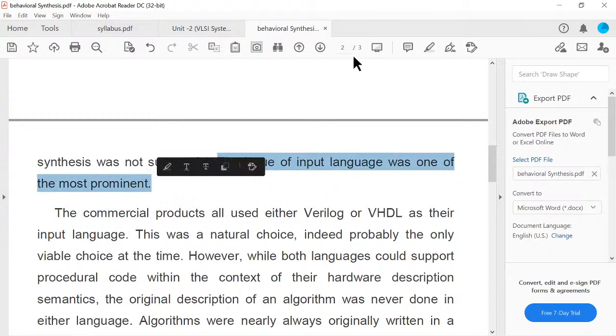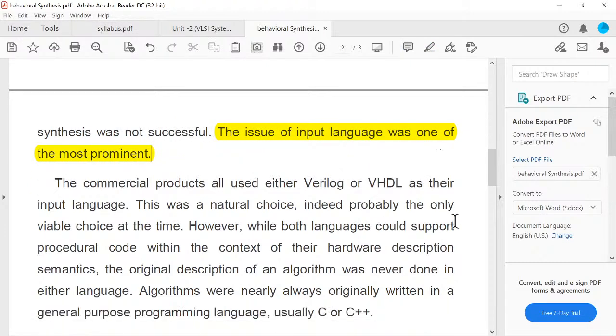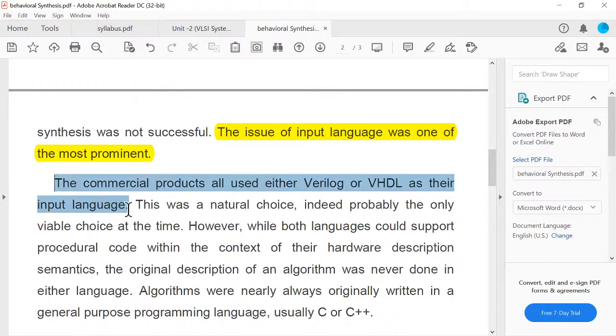One issue in not using behavioral synthesis is the dependency of language, because in all commercial processes, in all integrated circuits used at that time, the Verilog language or VHDL language was the input language.